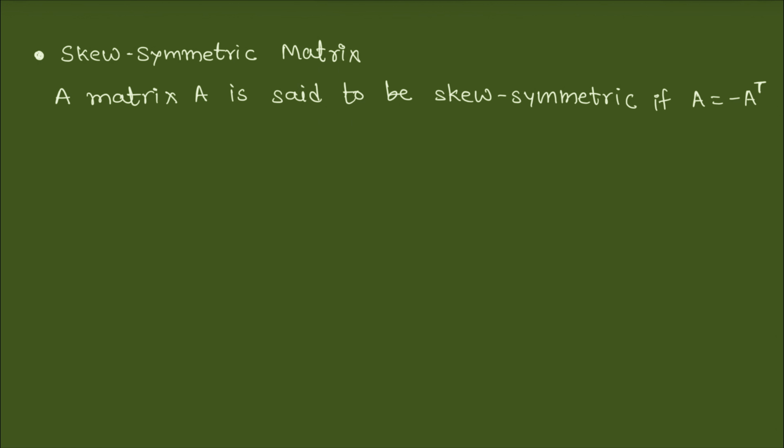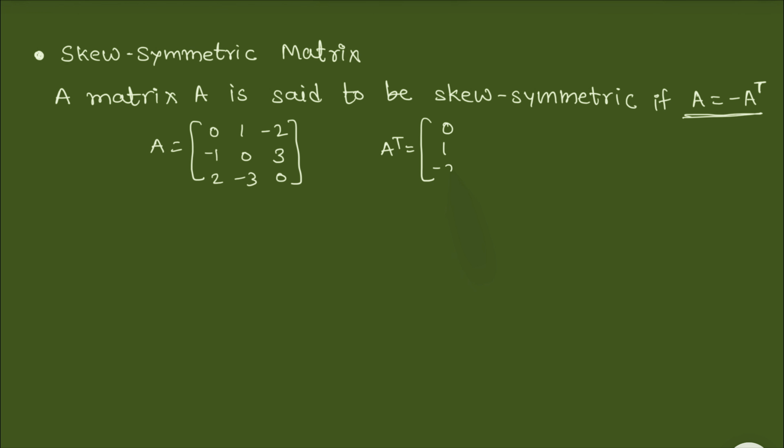Now skew symmetric matrix. A matrix A is said to be skew symmetric matrix if A is equal to minus A transpose. Let A is equal to a matrix 0, 1, minus 2, minus 1, 0, 3, 2, minus 3, 0. Now A transpose is 0, 1, minus 2, minus 1, 0, 3, 2, minus 3, 0.